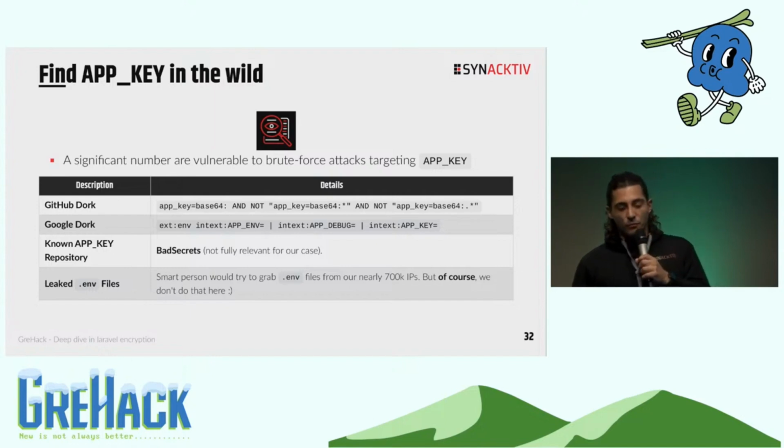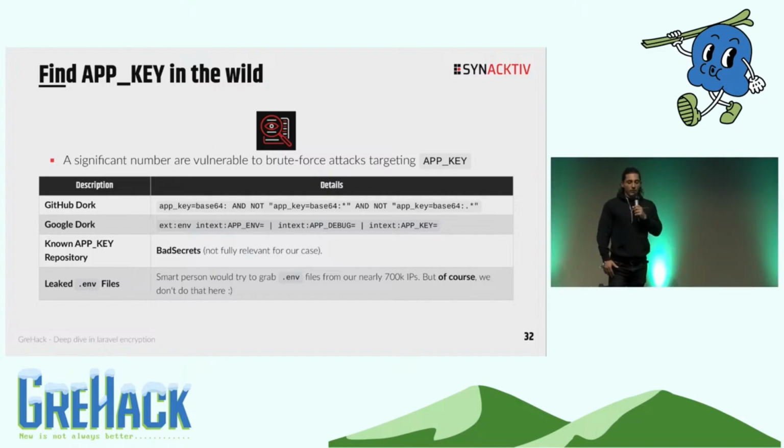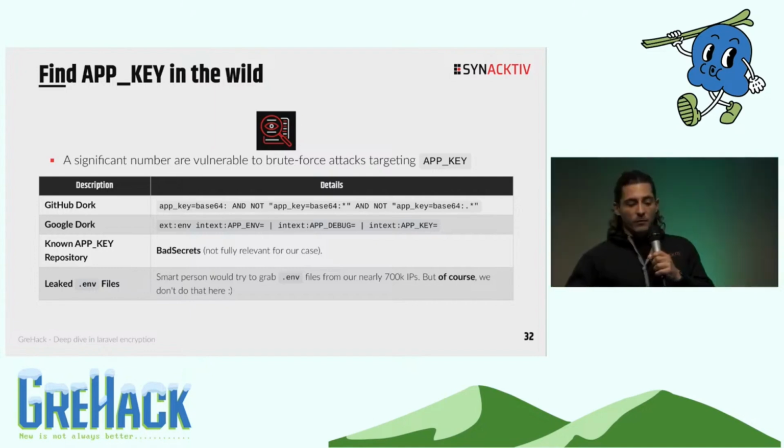Now we try to find app keys in the wild. This time, we also do not need to interact with the web server. The most important part is that all these web-facing applications are vulnerable to brute force attacks targeting app keys. So we try very simple dorks, like a GitHub dork for identifying base64-encoded app keys, and a Google dork for identifying .env files that have been exposed and indexed, also for APP_ENV or APP_KEY.